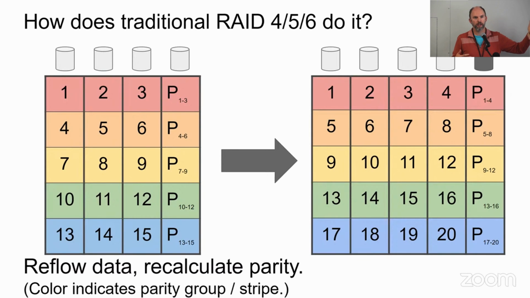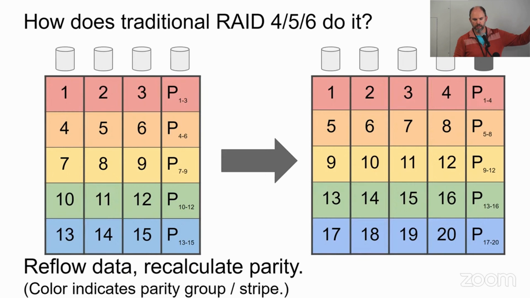So if you were to add another disk, what we need to do is just recalculate all the parity and reflow the data. We reflow it sort of like a word processor. You make your margin smaller, and now the words flow to the previous lines, just like this.